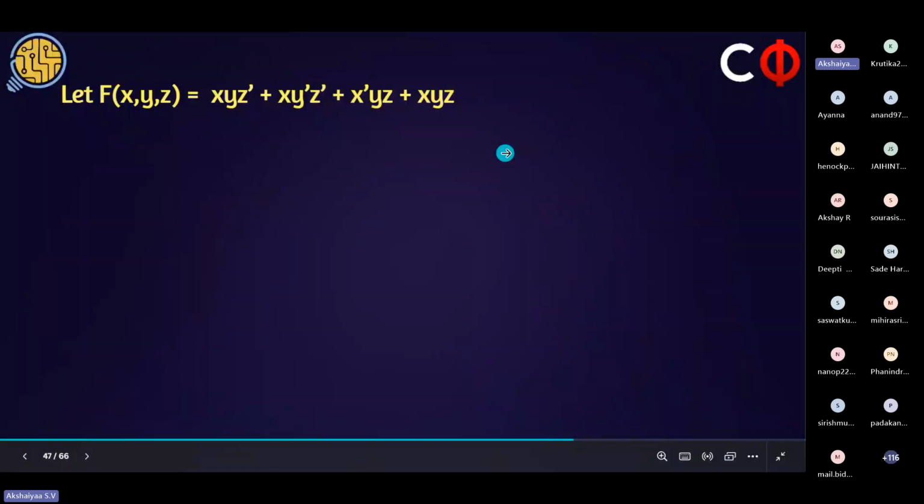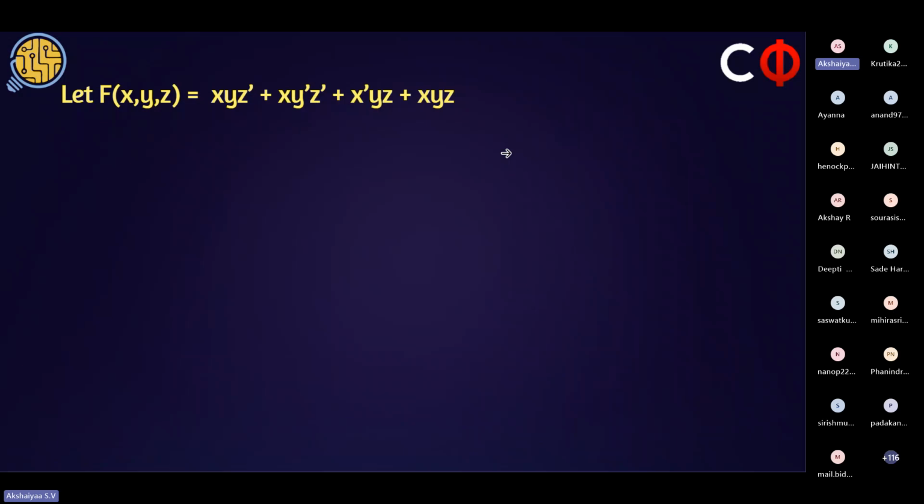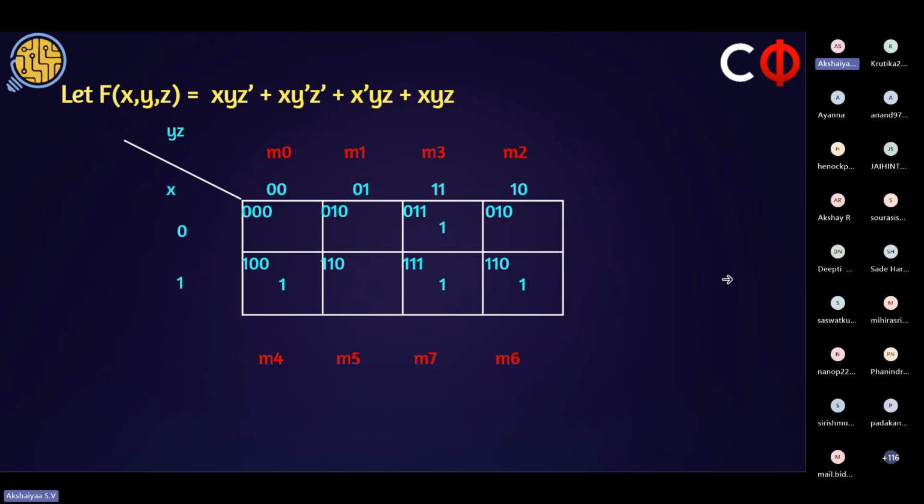So this is the function which you have. And as you can see, there are 3 variables, x, y, and z, so I'm going to proceed with a 3-variable map. Wherever a term is there, I've put a 1. So this is x, y, z prime, so it goes in this position. You can figure it out from this 1, 1, 0 configuration, right? As I've told you, the first term is related to x, the second term to y, the third term to z.